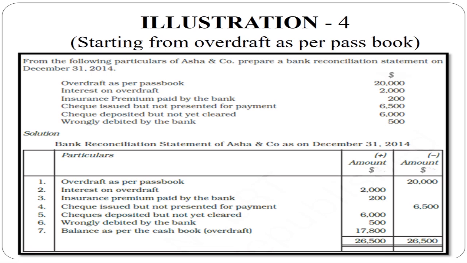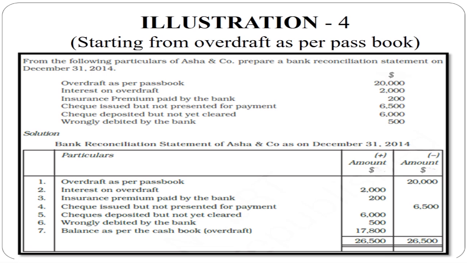Next is check deposited but not cleared. The moment we deposited the check into bank, we increased our cash book balance by $6,000. But we get to know that the check has not been cleared. It means the bank balance remains low by $6,000. In order to cancel its effect, we will have to increase the balance of passbook by $6,000.